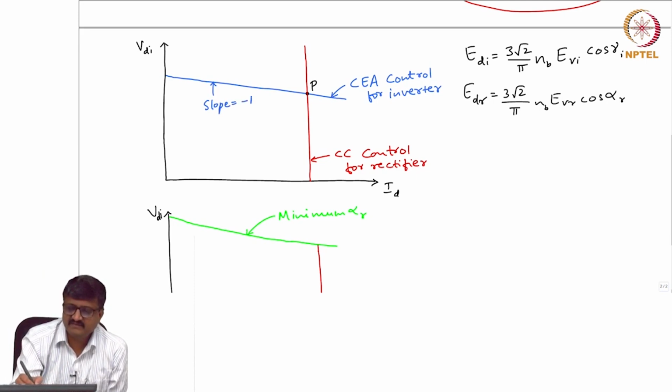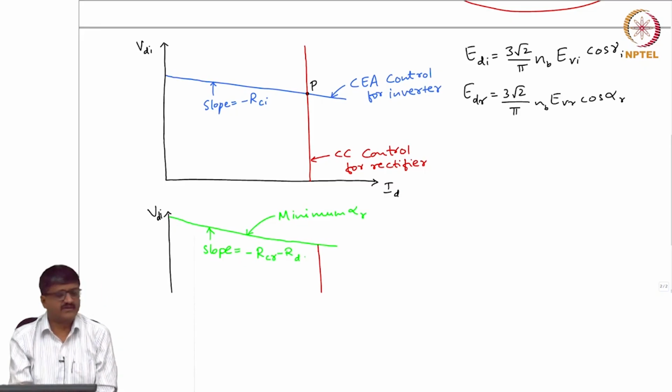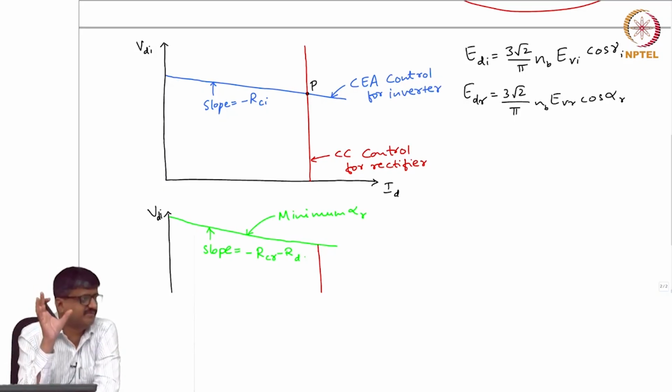Slope is minus RCI. Now, for this case, in the case of minimum alpha R, the slope is equal to minus RCR minus RD. Okay. If I just look at the magnitude of the slope, which one is larger?